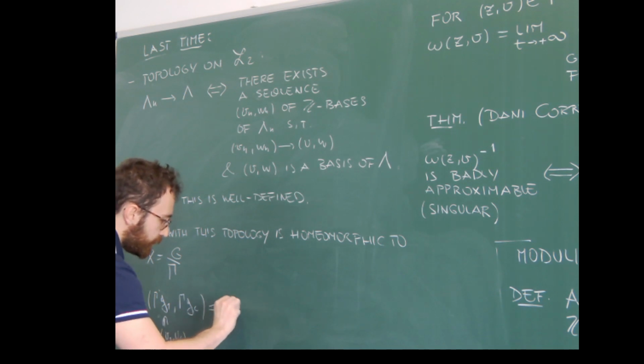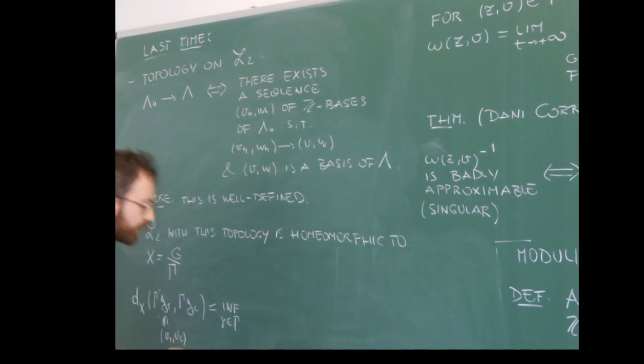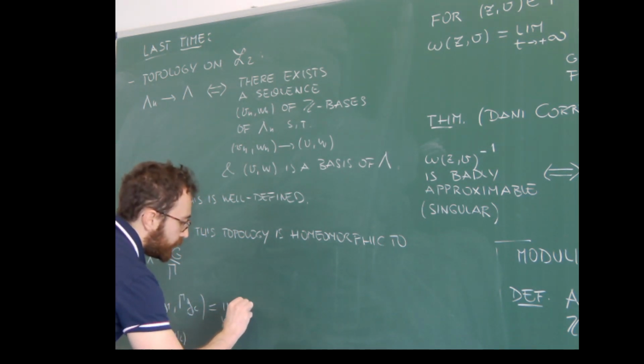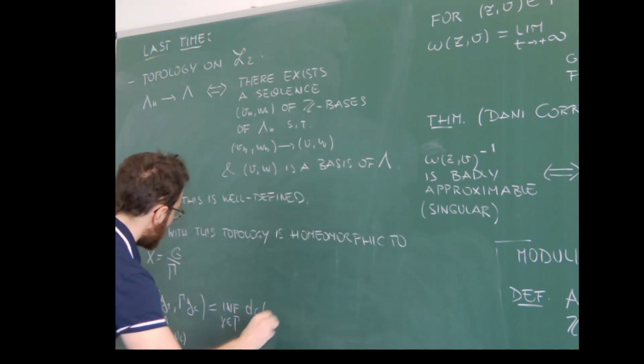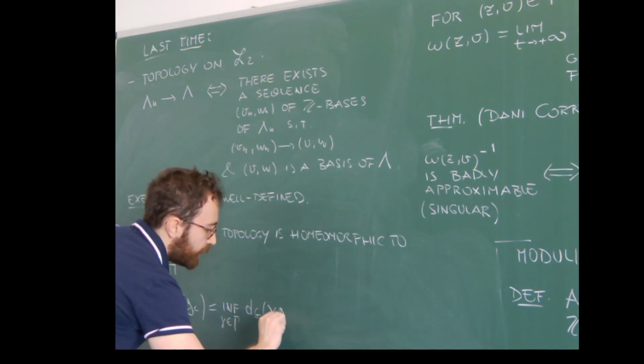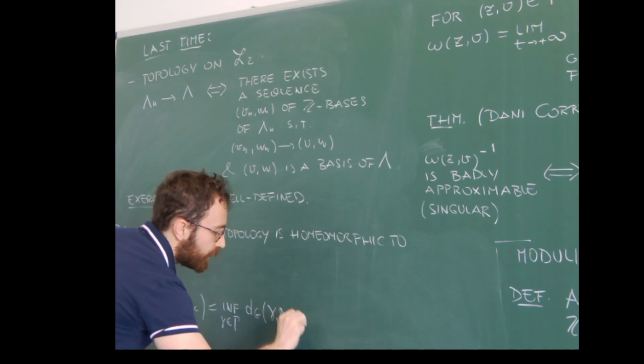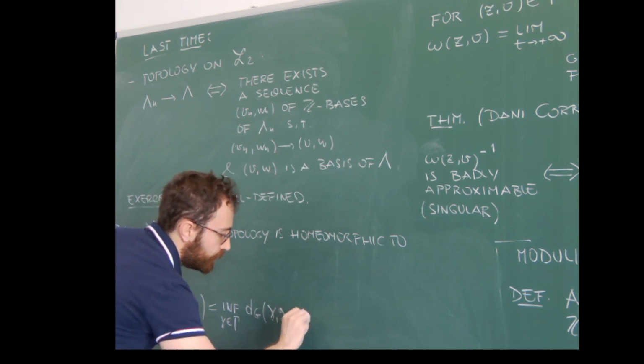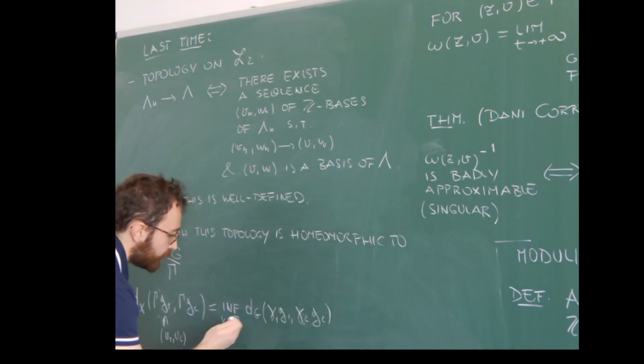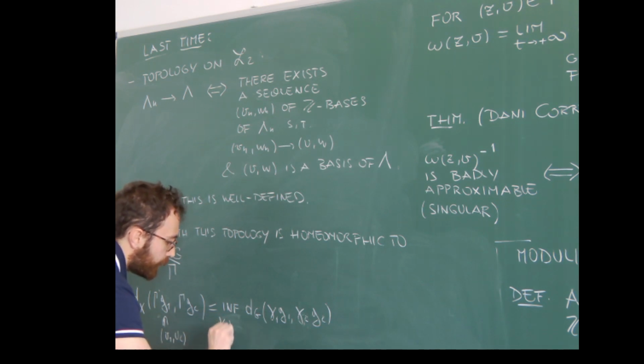So this is the inf for gamma in gamma of the distance in G of gamma 1 G1, gamma 2 G2. Sorry, here it's gamma 1, gamma 2, and gamma.